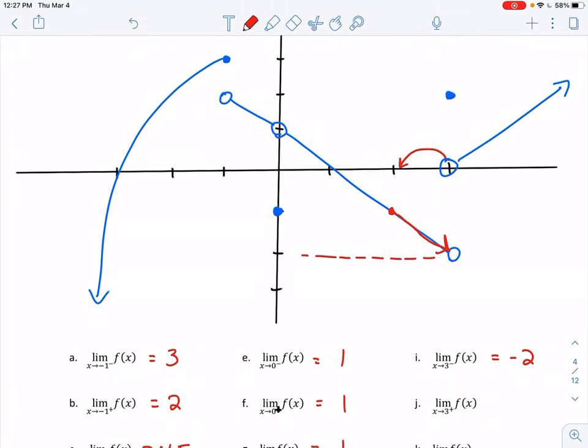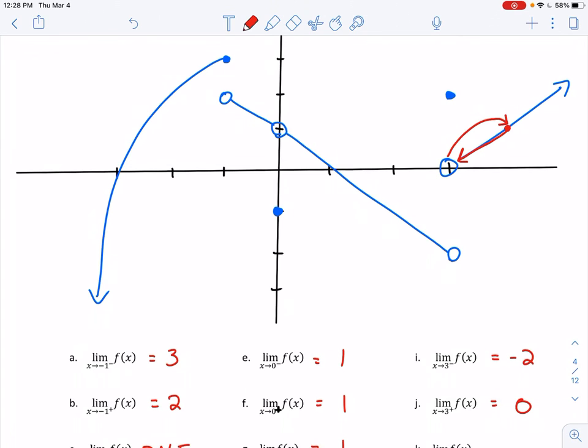So okay, we have the left-hand limit. Let's look at the right-hand limit next. So this time I'm going to move a little bit over to the right and then trace my way backwards to x equals 3. And it looks like we're getting closer and closer to this open circle right here. That open circle has a y value of 0, right?